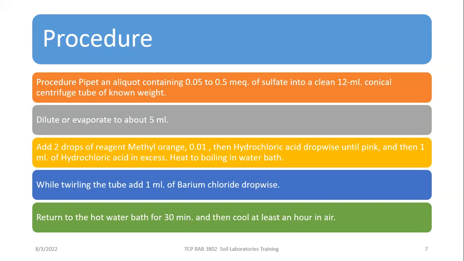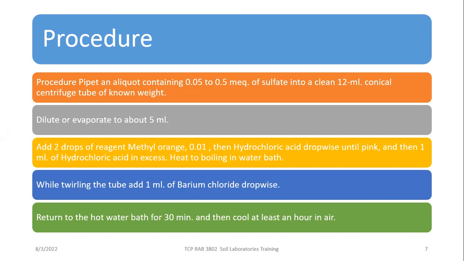The procedure: pipette an aliquot containing 0.05 to 0.5 milligram of sulfate into a clean 20 ml conical centrifuge tube of known weight. Then dilute or evaporate to about 5 ml.